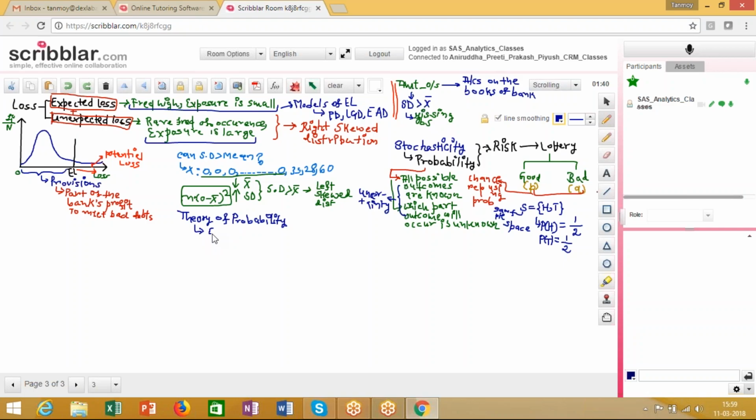First is the most basic form of probability theory, which we call the classical theory of probability.